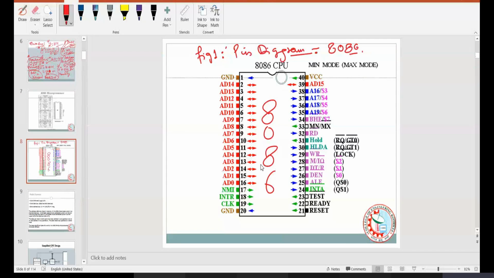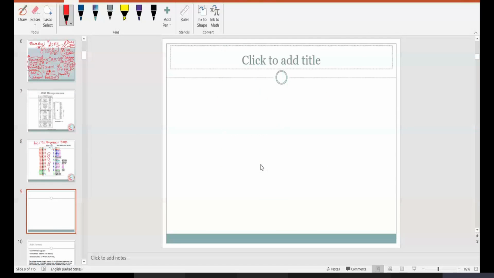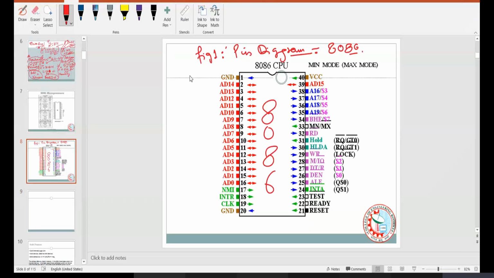There is one thing we still need to gather from this pin diagram. Let's start from this place. How many pins are here? Pins are numbered 1 2 3 4 5 6 7 8 9 up to 20, then 21 to 40, and it always goes anti clockwise.